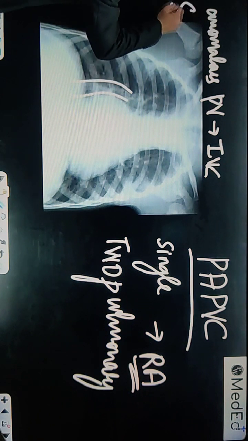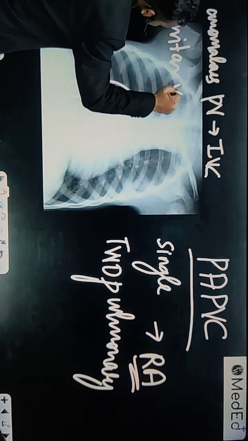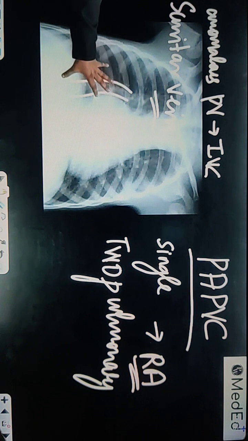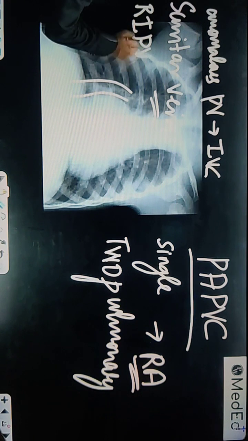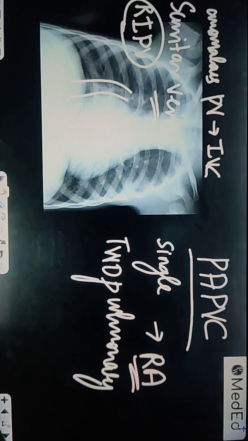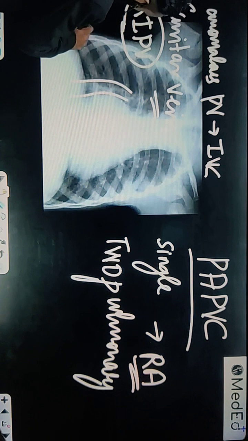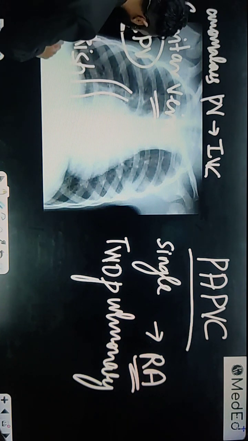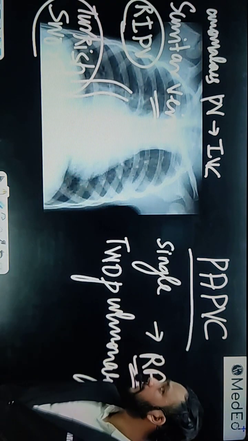It is also known as the scimitar vein. Basically, the right inferior pulmonary vein drains into the IVC, and it gives an appearance that resembles a Turkish sword, which is known as a scimitar. That is why this is also known as the scimitar sign.